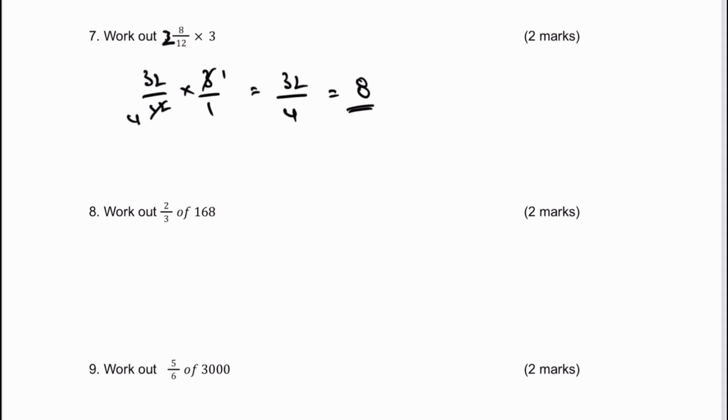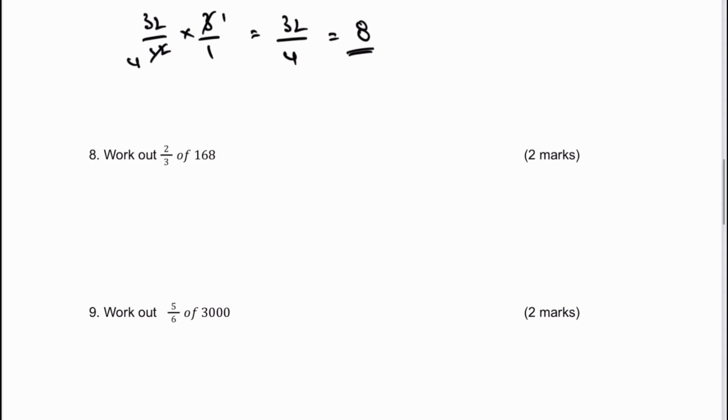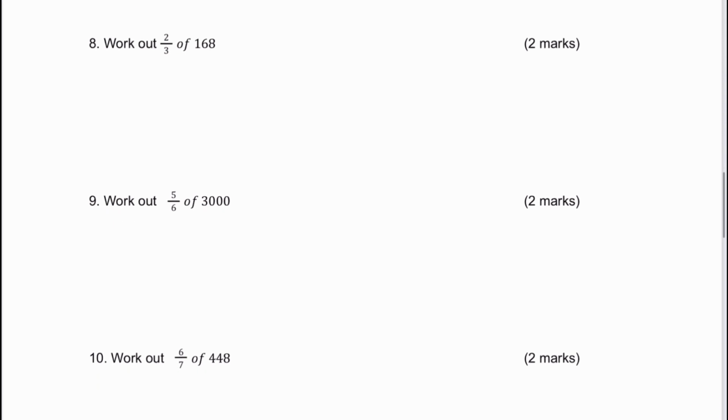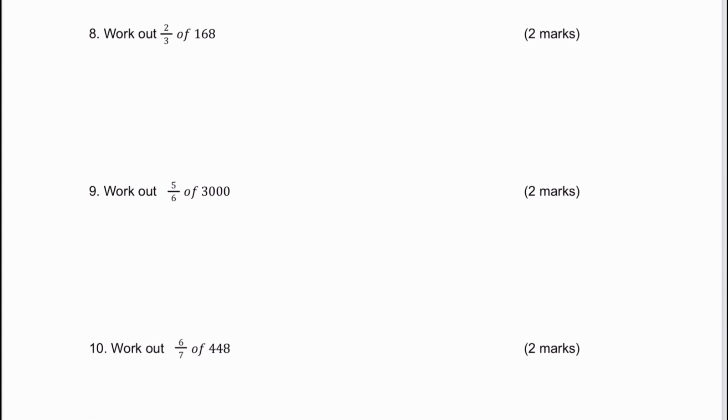Okay, question number 8 is really more about short division and multiplication than it is about dealing with fractions. Yes, it can be done, but because they are bigger numbers, it's much easier to say, well, what I'm going to do is I've got 2/3 of, in maths means multiply, 168 divided by 1. Okay, so what I'm going to do on this particular one is I'm going to divide the 168 by 3, and then I'm going to multiply by 2, because the calculation then becomes a little bit easier.